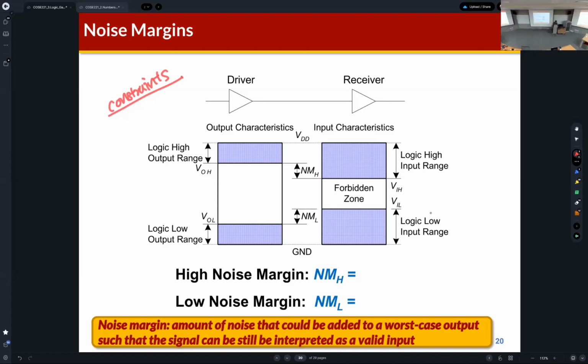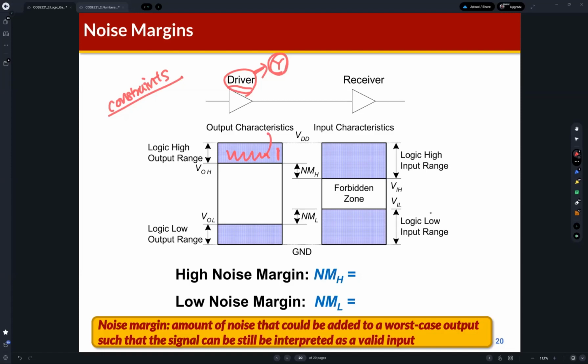So this is the driver. The driver is the logic gate, and the logic gate will generate output signal Y. If the output signal is generated, then the voltage level should be in this range if the output logic level is 1.